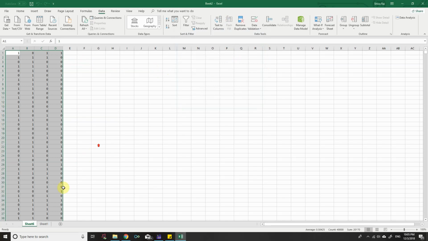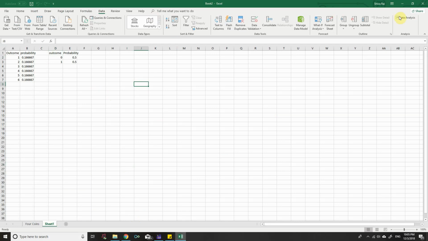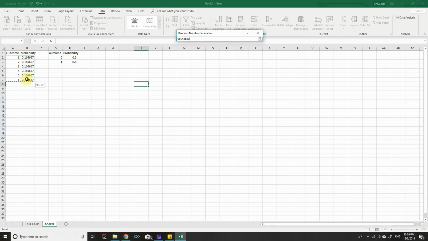Then in a new worksheet, this one is for dice. Sorry, 4 coins. Person B rolled 2 dice, so let's go for 2 dice. Data analysis, random number generator. We need 2 dice, and 10,000 is the total number of random numbers. Discrete, and the value and probability input range is from A2 up to B7.